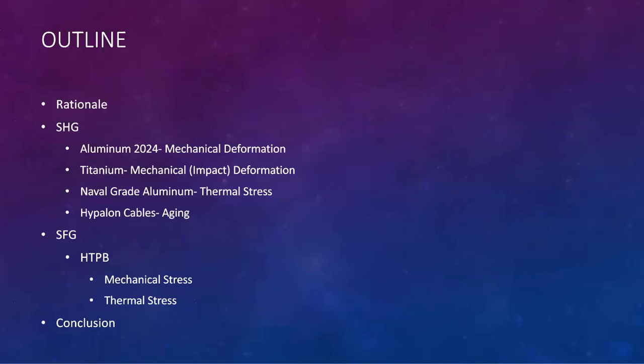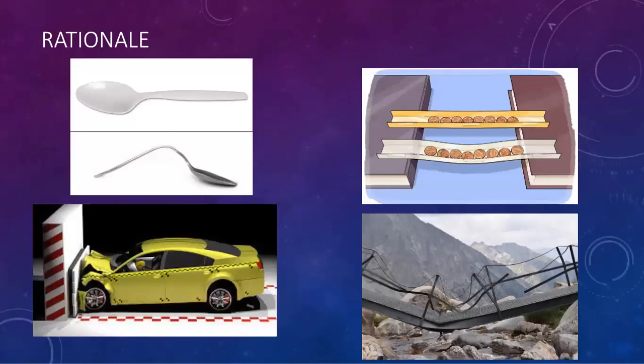Then we used 2 different systems and a lot of different materials. We used 2 different optical techniques, SHG and SFG, which is second harmonic generation and sum frequency generation. We looked at aluminum, titanium, some polymers. We'll go into each of those and what we did to them and how they behaved.